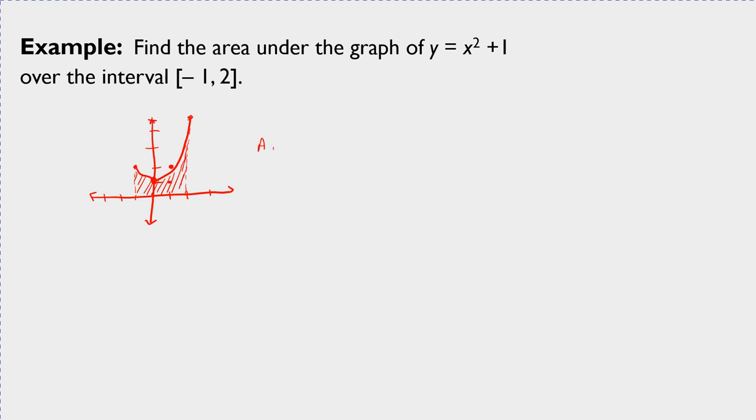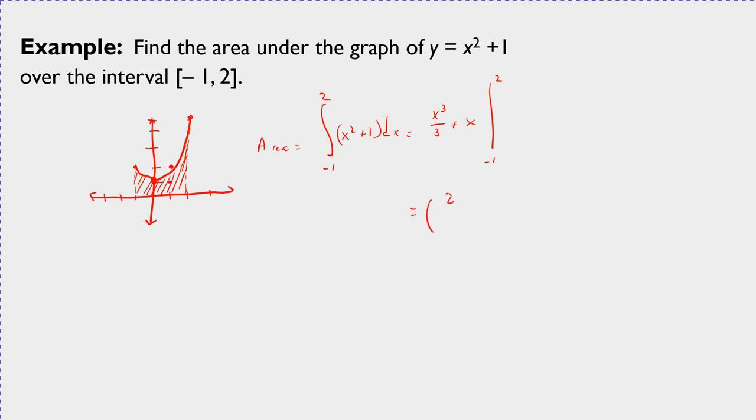So this area is equal to, you're going to integrate from -1 to 2, x squared plus 1 dx. Well, when you integrate x squared, you get x cubed over 3. When you integrate 1, you get x. So now you're going to plug in the top bound.